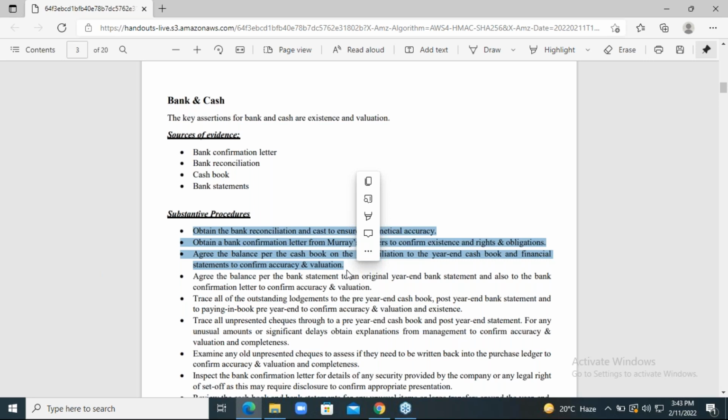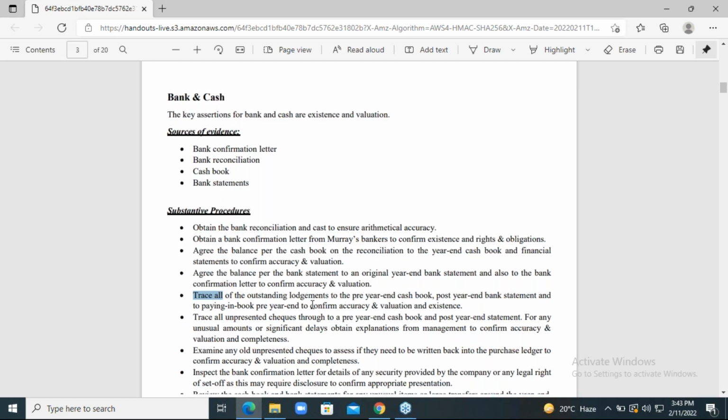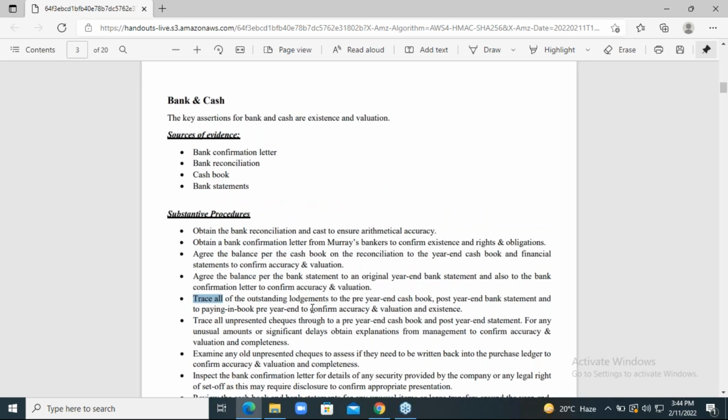So it is very important to identify what is the reason and why these procedures are used. You can see the starting word trace. Sometimes you can use trace, sometimes you can use reconcile, sometimes you have alternative words like inspect, review, confirm, ensure. So all these words can be used. These are alternative words.